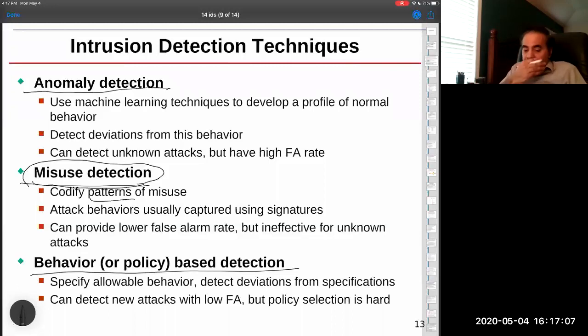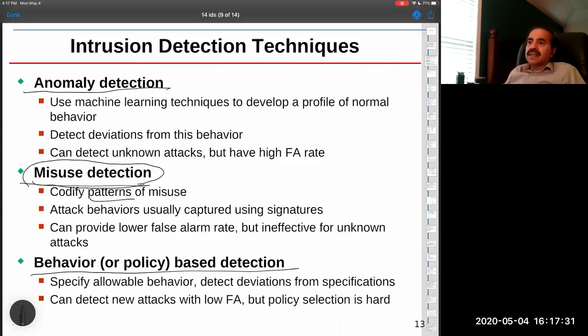So in addition to not being able to identify novel attacks, there is also the problem that attackers can very easily change the details of the attack that they carry out, right? So if they know that you're looking for a specific pattern, they can change the attack in minor ways.